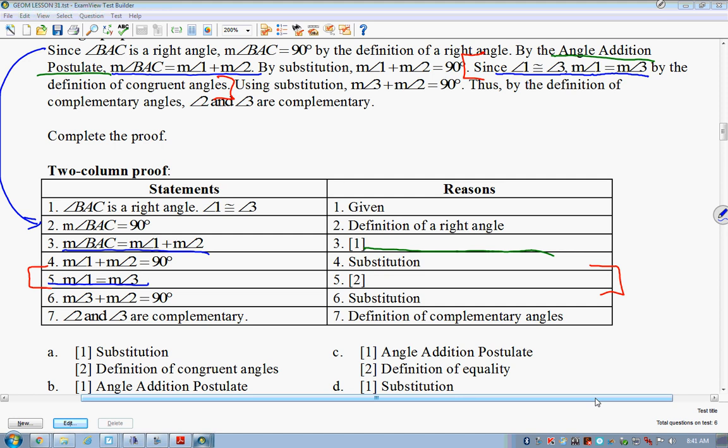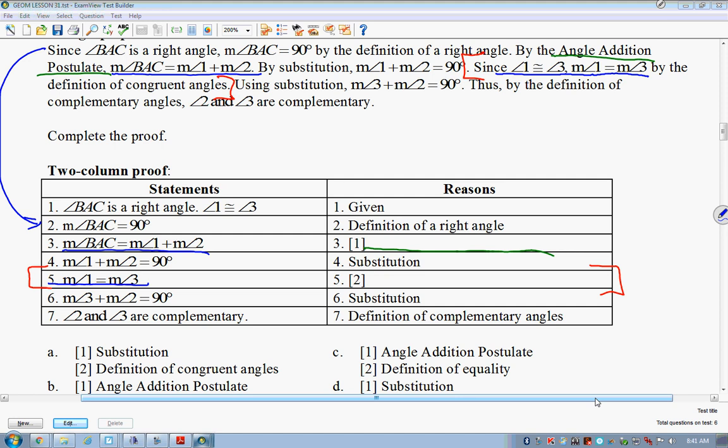Okay, why don't you go ahead and read that sentence for me, the one that I've got bracketed in red. Angle 1 is congruent. Okay, and that's where it stops. So, like I said, the statement has already been underlined, right?